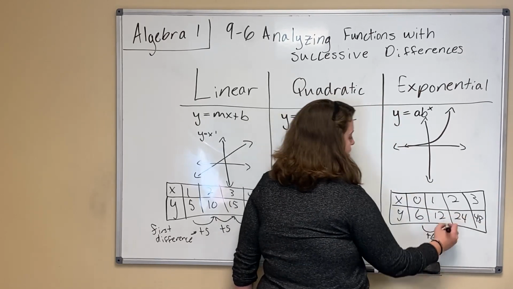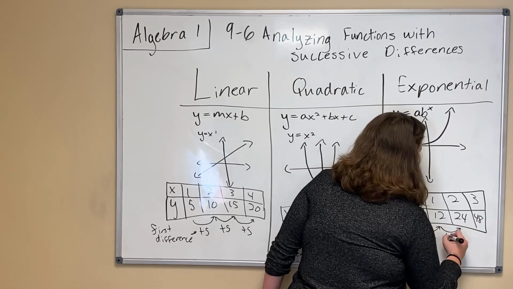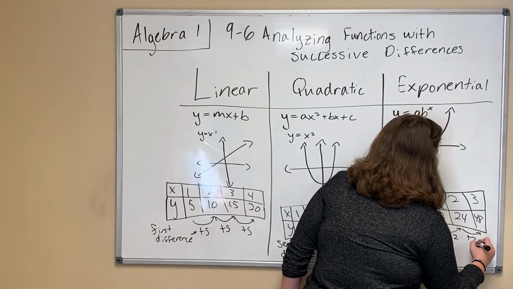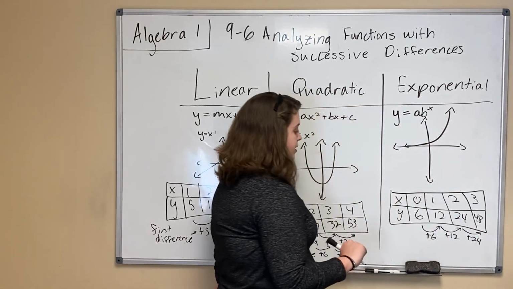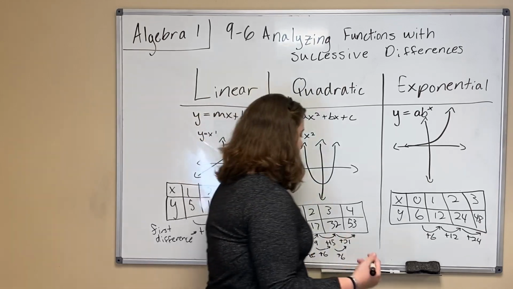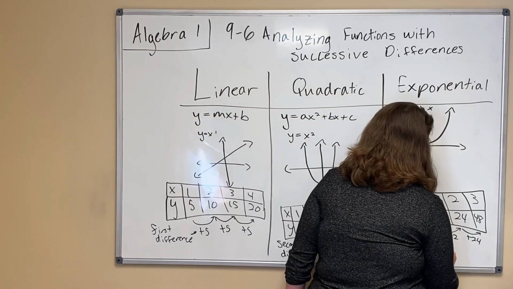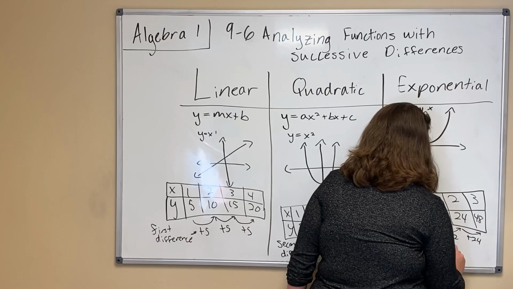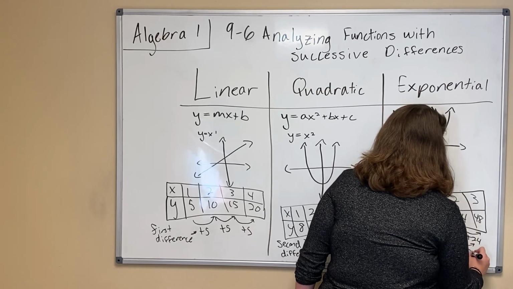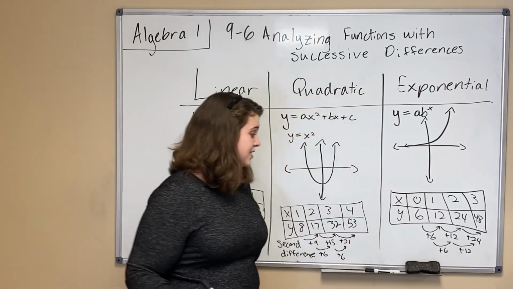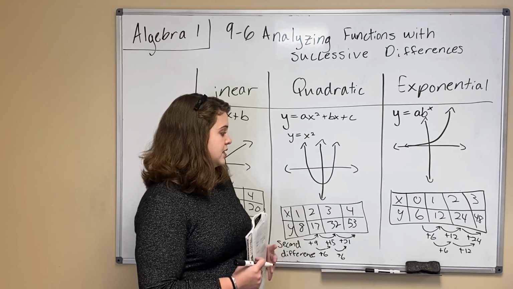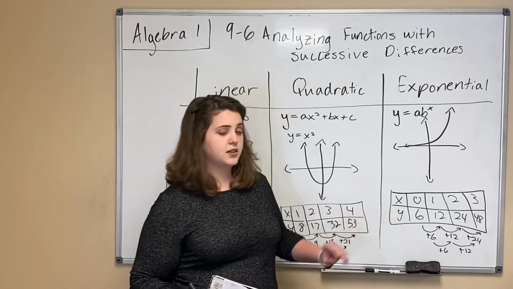The difference from 12 to 24 is plus 12. The difference from 24 to 48 is plus 24. So that first difference is not a constant rate of change. Let's try our second differences. From 6 to 12 is plus 6. From 12 to 24 is plus 12. So that's still not a constant rate of change in my first or my second difference.